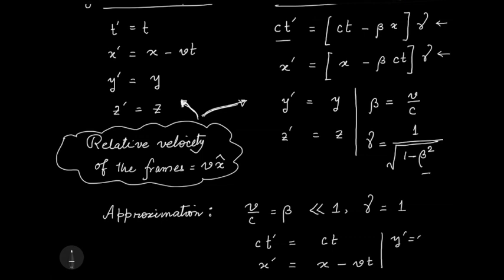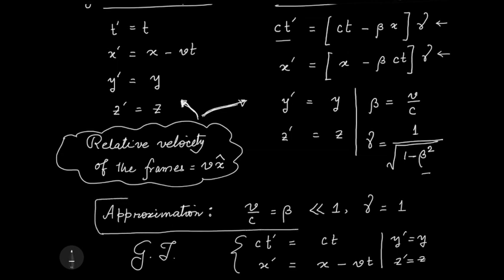And obviously y prime will stay as y and z prime will stay as z. So these are the Galilean transformations. So in this approximation, or in this limit if you wish, the Lorentz transformation becomes the Galilean transformation, and that's what I expected to happen. Otherwise, obviously, all the experiments that Galileo did cannot be wrong.